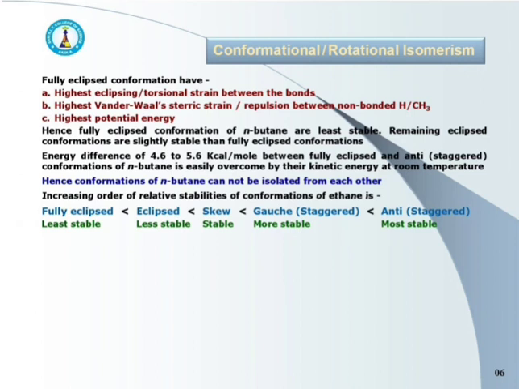Whereas in fully eclipsed conformation, van der Waals steric strain as well as torsional strain is very high. The potential energy is again high, and that's why it is least stable. Next to this is the eclipsed conformation, then skew, then Gauche, and finally the most stable conformation, the anti-conformation.